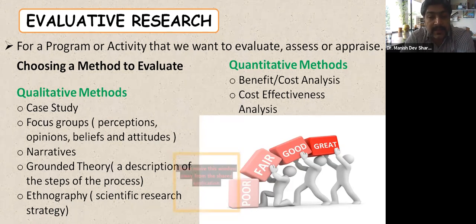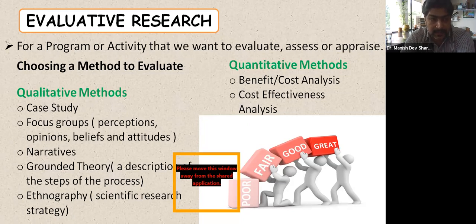So we analyze the case study. Case study helps us in all the ways, showing how a particular fellow worked in this way. In case study, they have all the related activities, all the related efforts that they have made particular to that environment. So in qualitative research, we have focus groups like perceptions, opinions, beliefs, and attitudes.